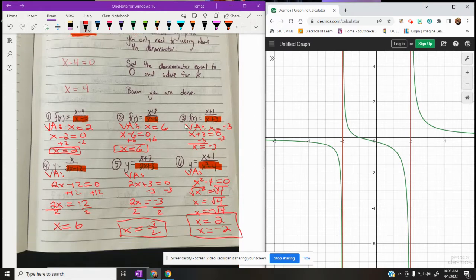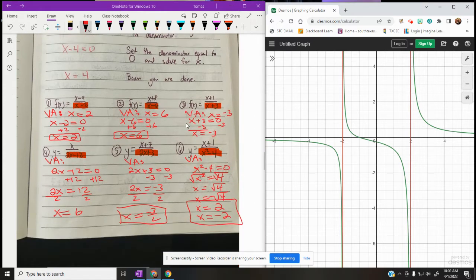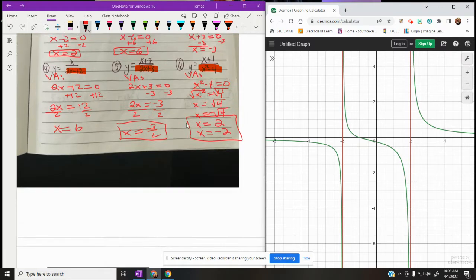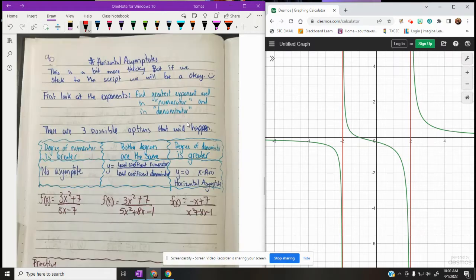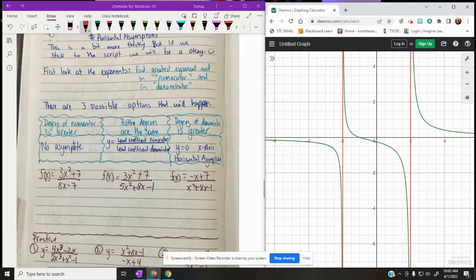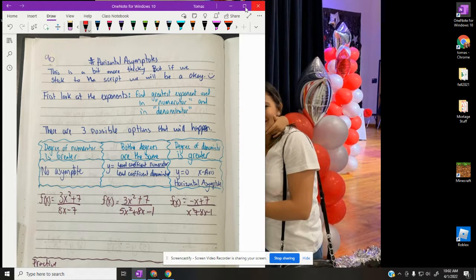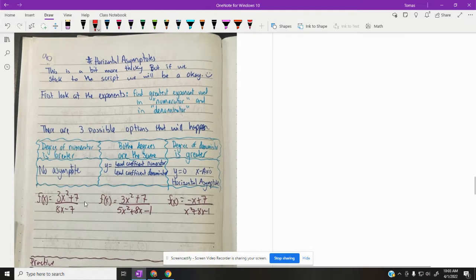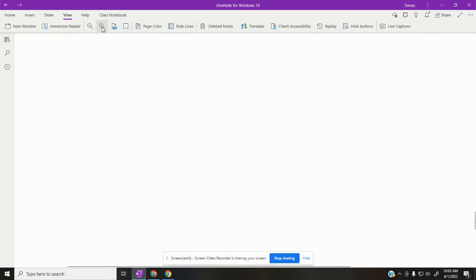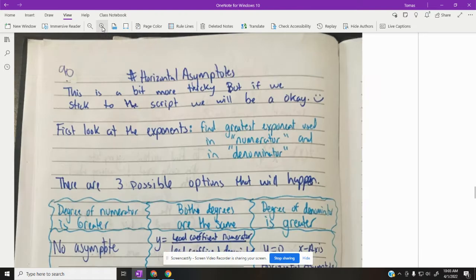Hopefully that was pretty clear. And now let us move on to horizontal asymptotes. Okay, so horizontal asymptotes. I'm going to close this out now. I want everybody to hone in.